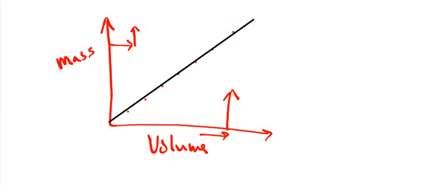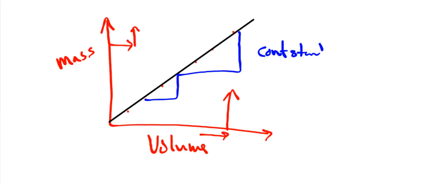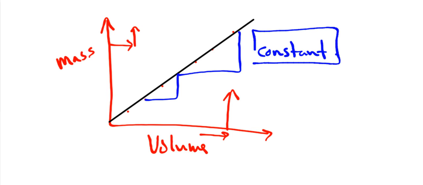But you will notice if we take the slope of this line, no matter where I am on this line, the slope is always constant. A constant slope would mean it's independent of how much there is. All right. Hopefully that helps clarify and shows some relationships of extensive and intensive properties.